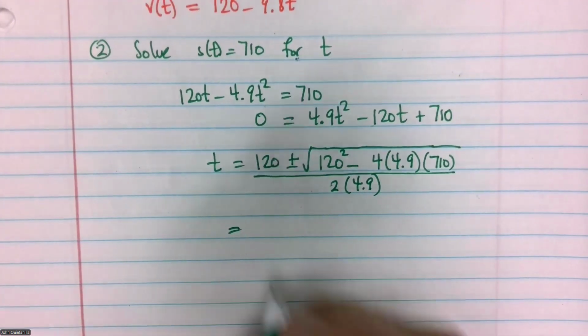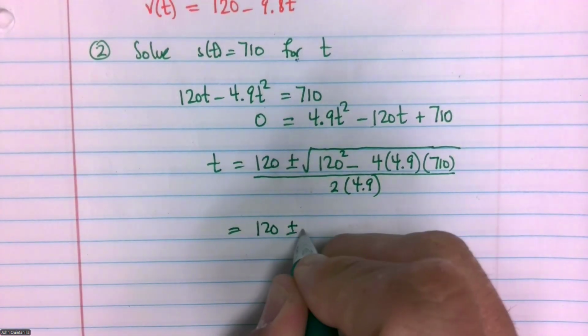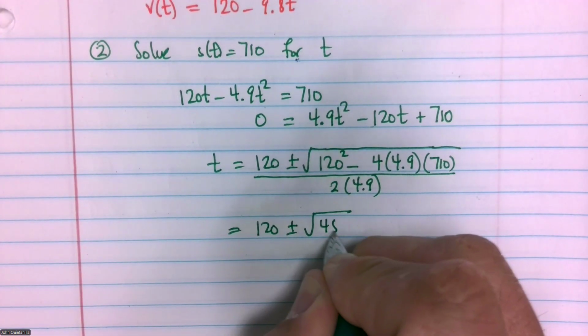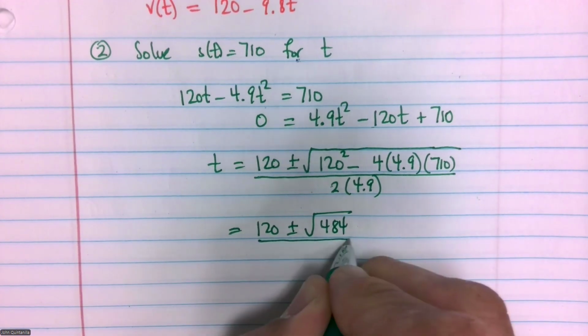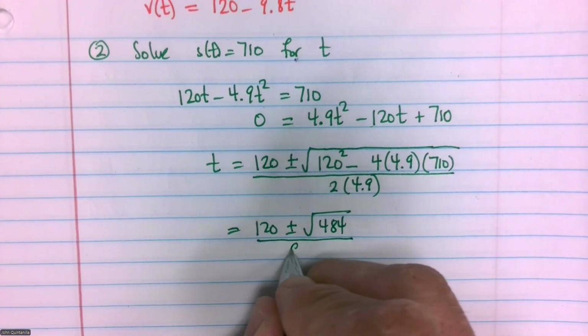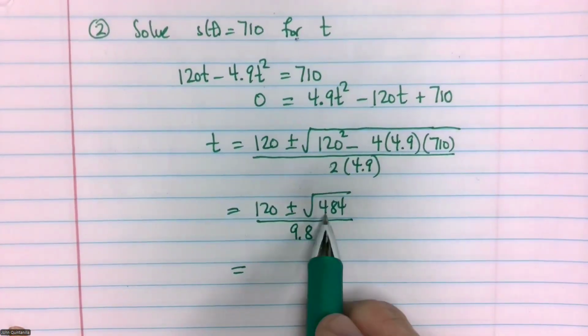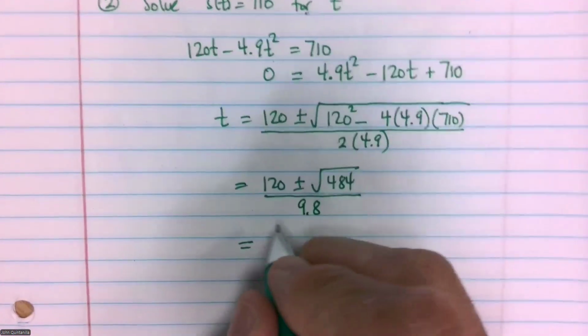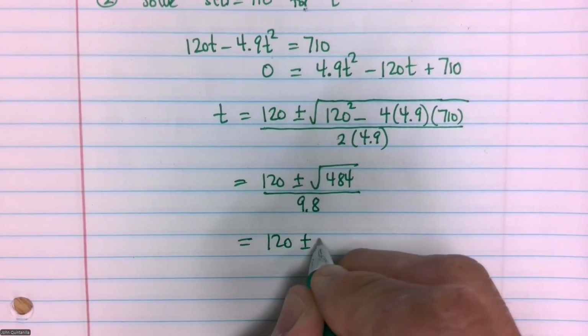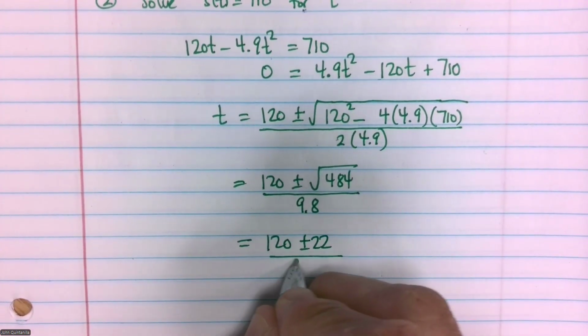If we do the arithmetic, we get 120 plus or minus the square root of 484, divided by 9.8. And this actually works out even. It works out to be 120 plus or minus 22, divided by 9.8.